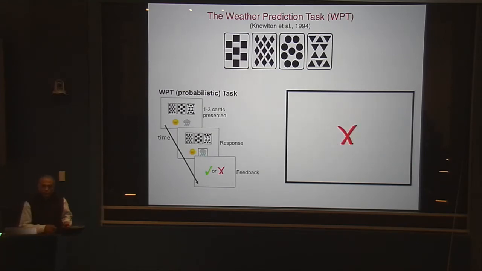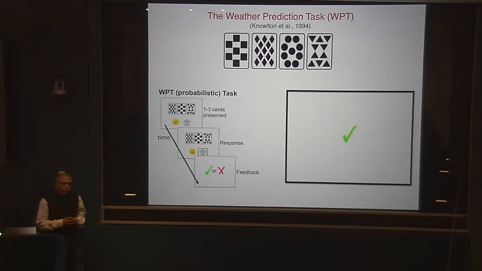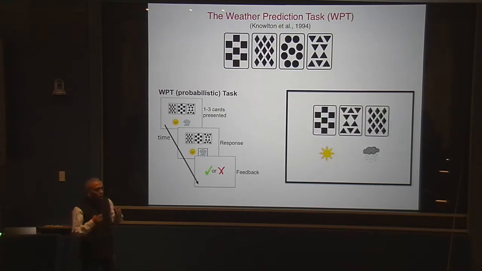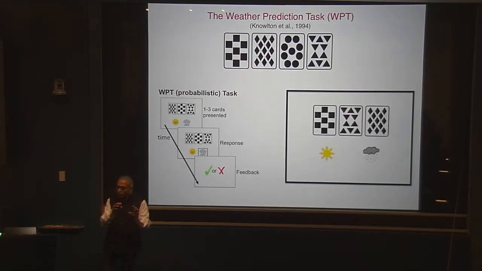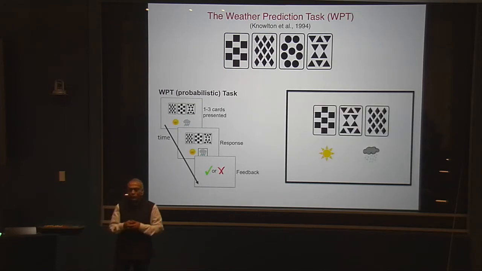This is a task that has been devised by Knowlton and colleagues. As you see in this animation on the right, the task involves showing the participant a bunch of cards, 2, 3, or 4 cards with different patterns printed on them. After they have seen these cards, you ask the participant, does this mean that tomorrow, figuratively, is going to be sunny or rainy?